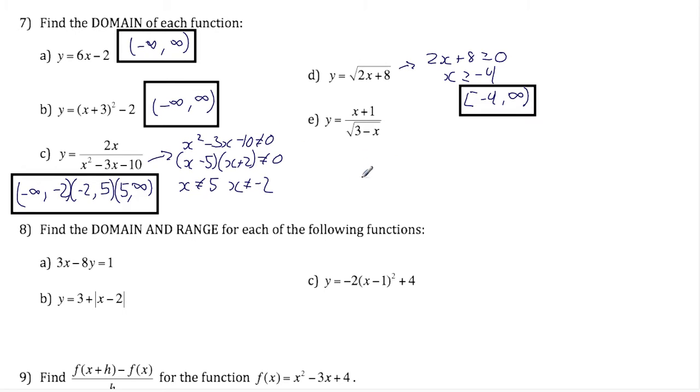And then finally, for this one, kind of a double whammy. Again, the denominator can't be equal to 0, but we also can't have this square root be less than 0. So what we'll do first is we'll do 3 minus x.